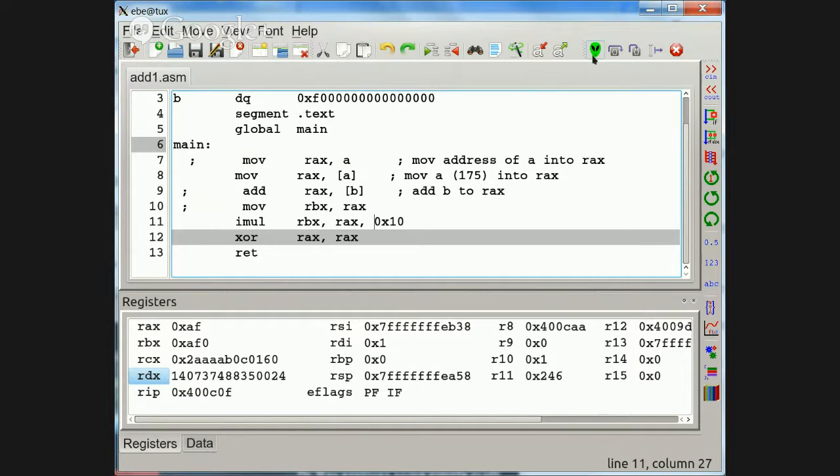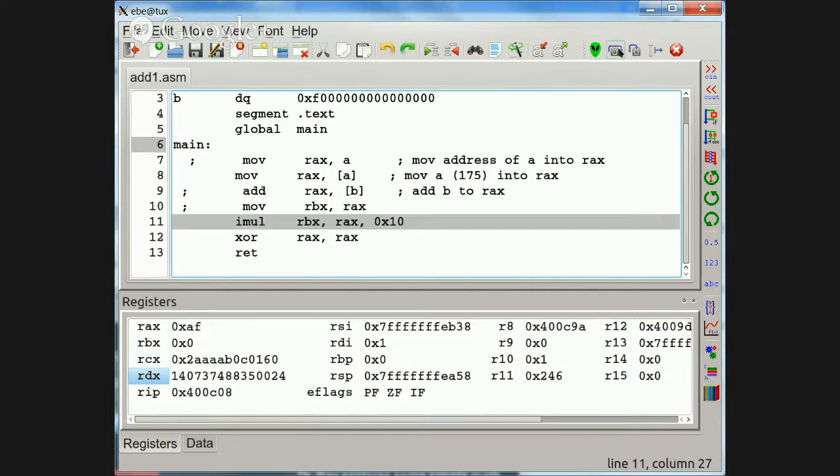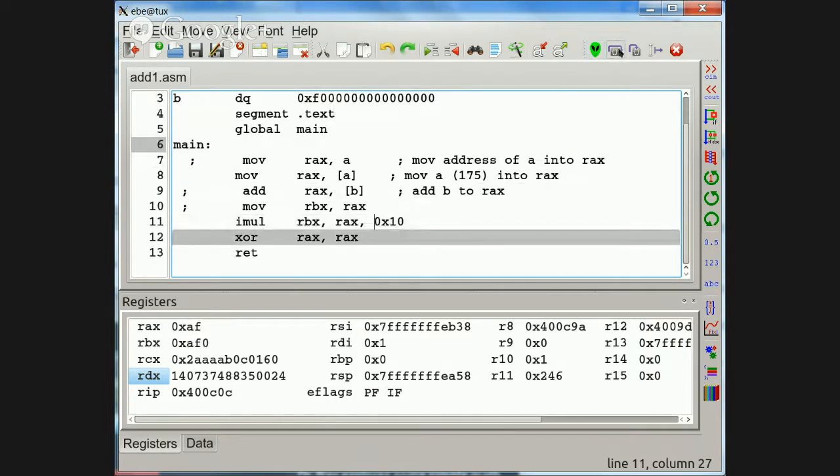So now we've got 3 operands, and you have to wonder why they did that. So this one is multiplying RAX times 10 and putting the result in RBX. So this is the famous 3-operand syntax, right? Where you have a separate destination register that's not part of the operands for the mathematical operation.